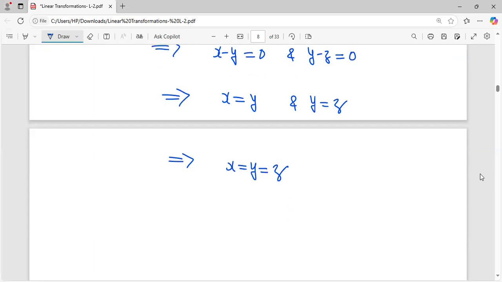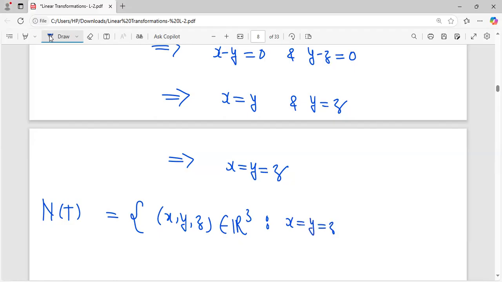So the null space of T is equal to the set of (x, y, z) belonging to R3 such that x is equal to y equal to z.